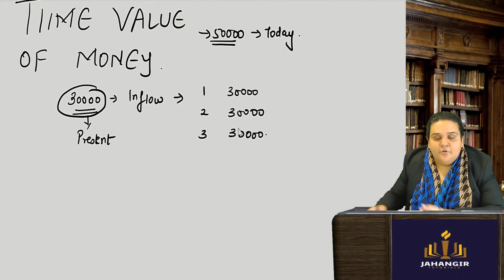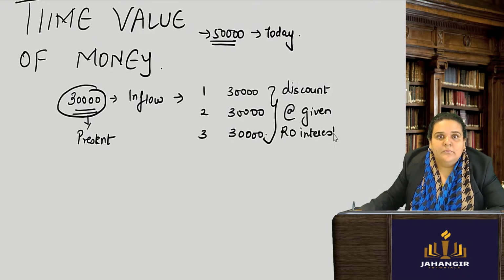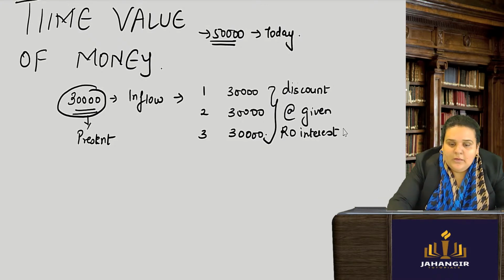So these inflows, I have to discount them at a given rate of interest. Only then will I be able to find the net present value.